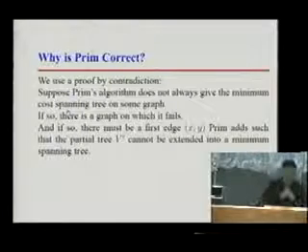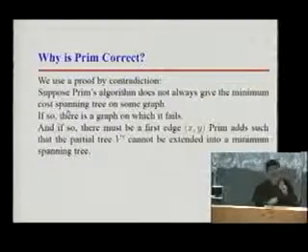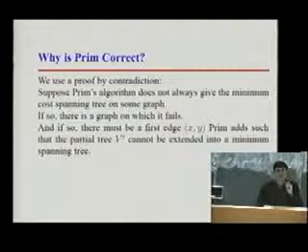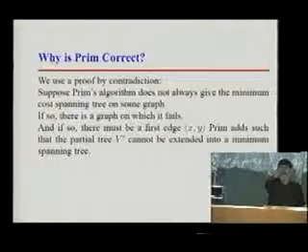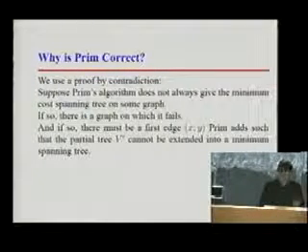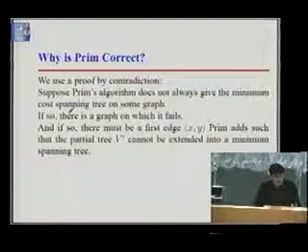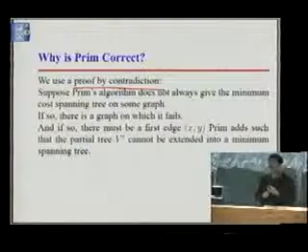The question is, why is Prim's algorithm correct? Why does it have to guarantee us the minimum spanning tree? It's a rhetorical question for those of you with hands up. Okay? Why does it give us the correct answer? We're going to use a proof by contradiction. What is the idea of proof by contradiction?